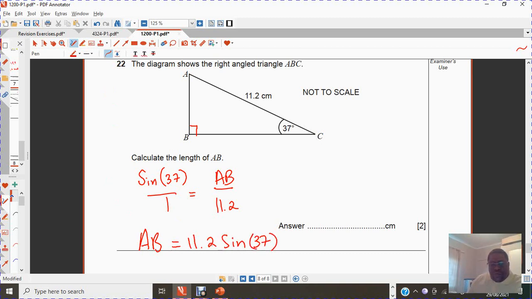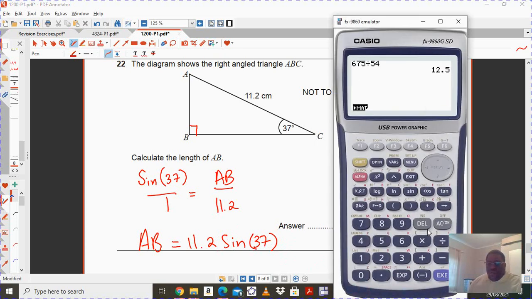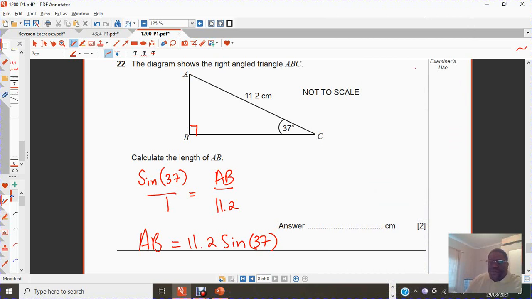You don't have to put a times when you write it like this, okay? It's only when you write it after sine 37 that you put a times there. Again, make sure your calculator is in degree mode, and then you say 11.2 sine of 37. Well, 6.74, right? 6.7.